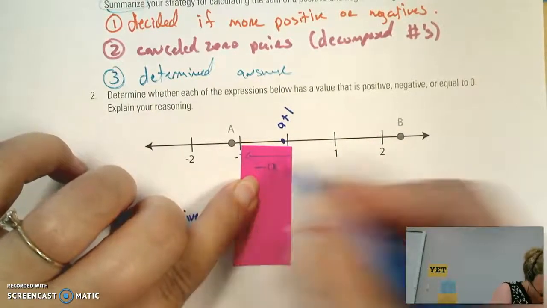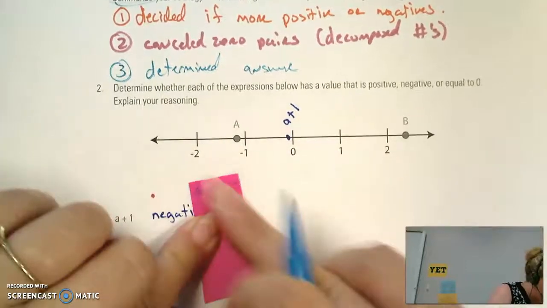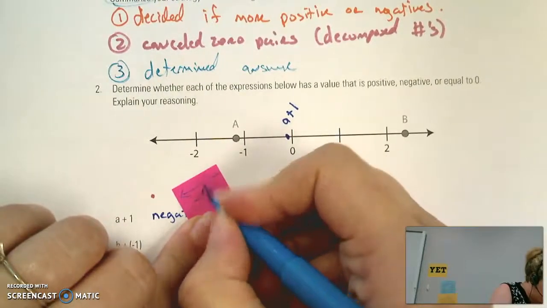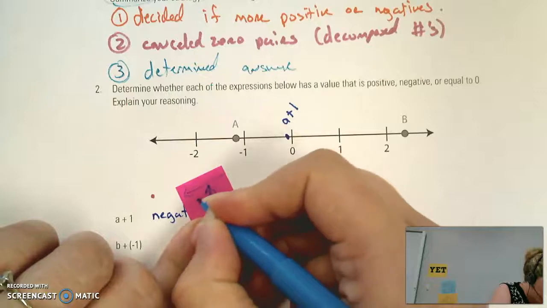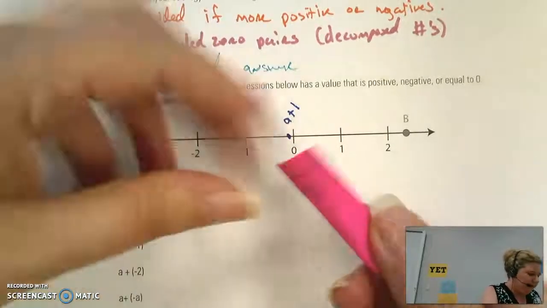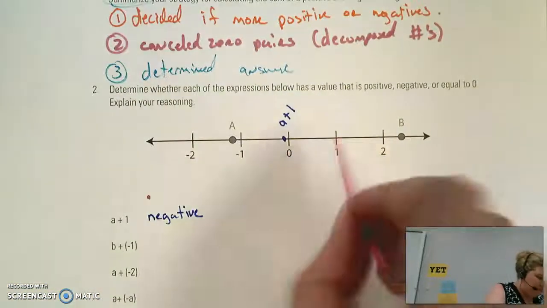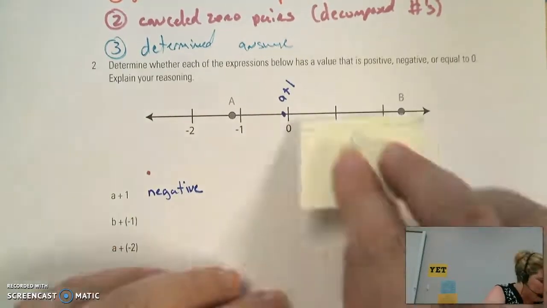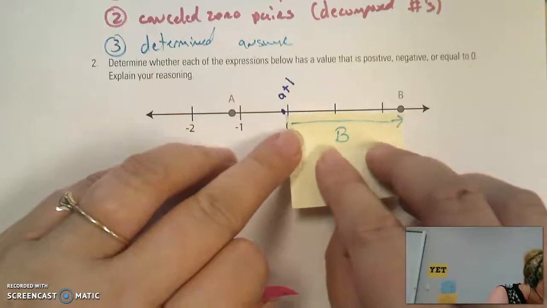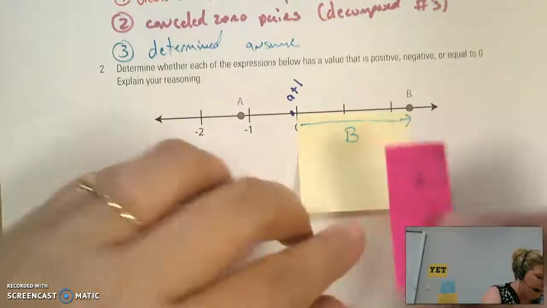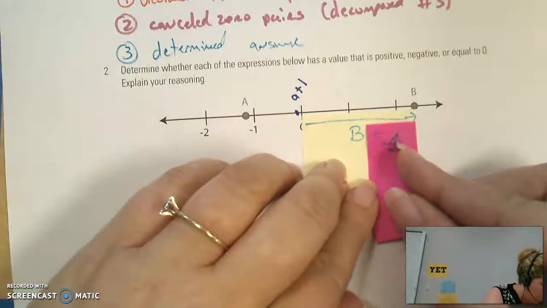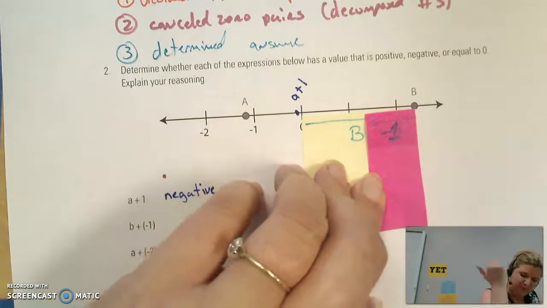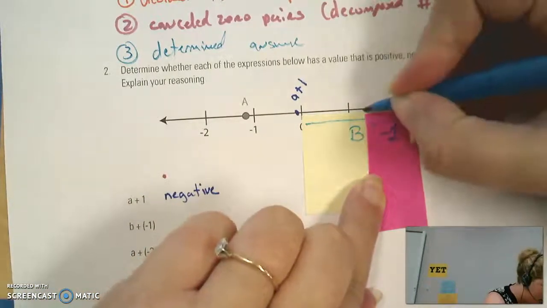So that's the opposite of 1, or negative 1. So, back to the question. B plus negative 1. So, B from 0, B. And then from there, I'm going to put negative 1. And this is where I'm at.